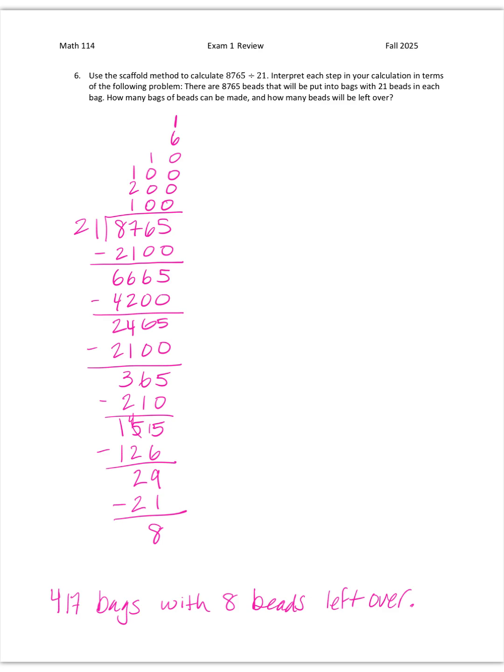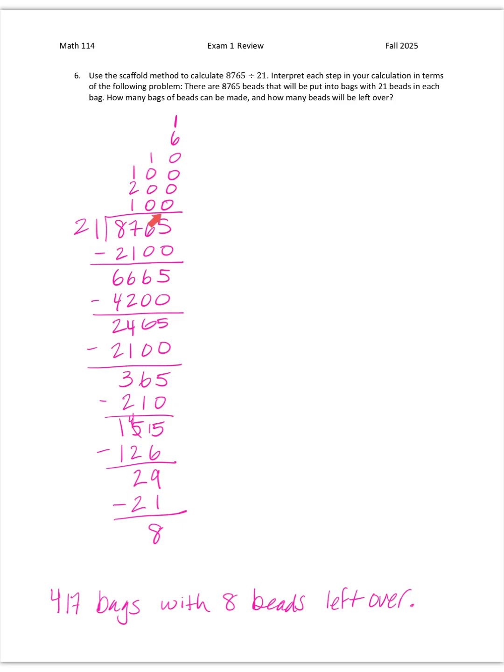Now I want to answer the second part of this question, which is interpret each step in your calculation in terms of the problem: 8,765 beads that will be put into bags with 21 beads in each bag. I want to relate the problem to all of this work.